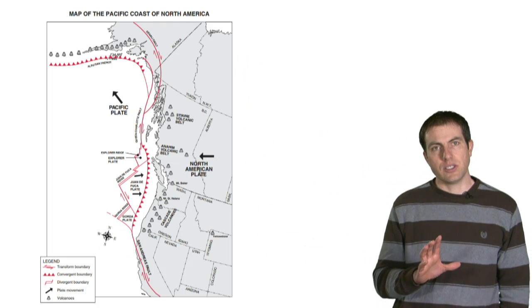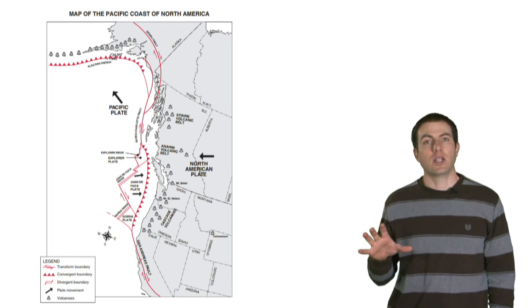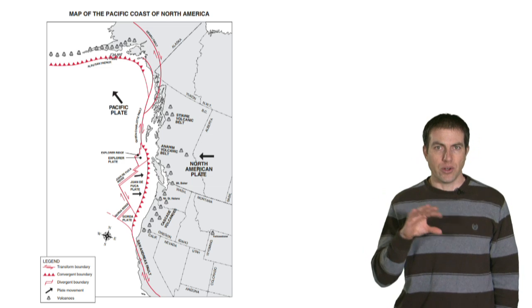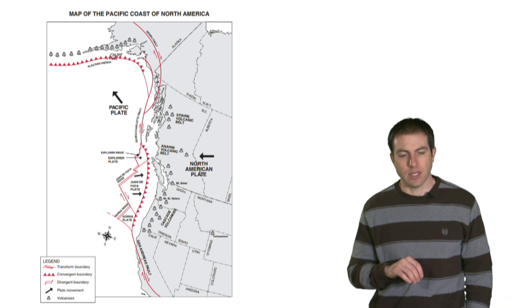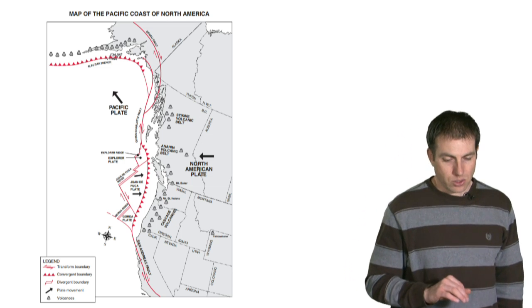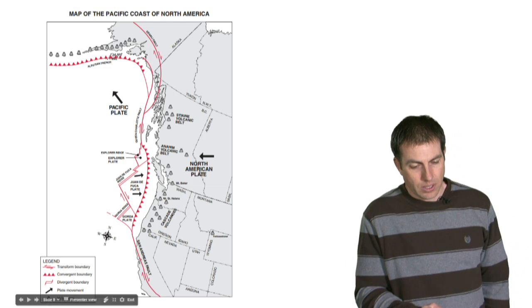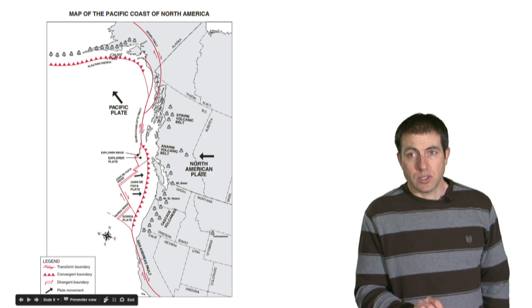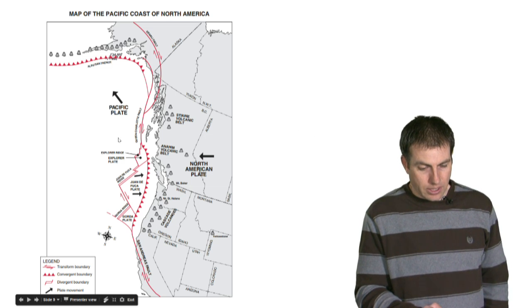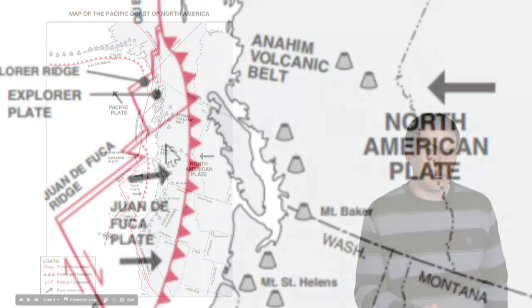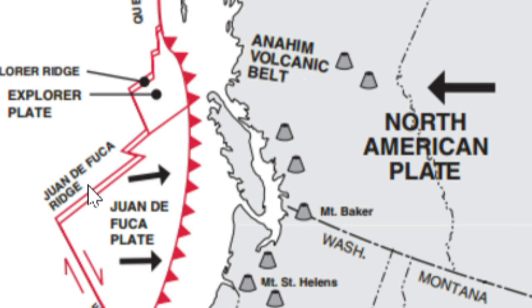There's an additional page that has just British Columbia and the northern United States up to Alaska, so we can be more specific to what's going on right off our coast. We have some really interesting things happening off the coast of BC. The Juan de Fuca plate is getting pushed under the North America plate.